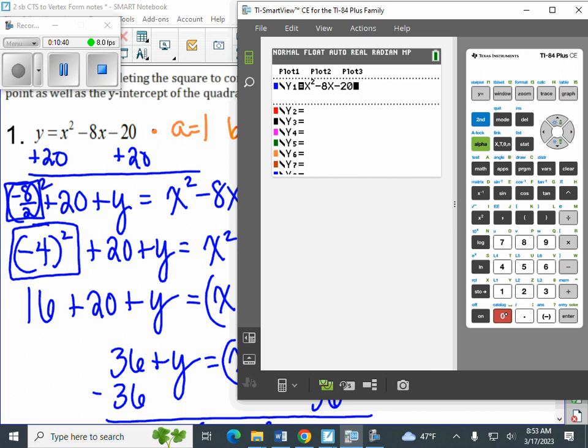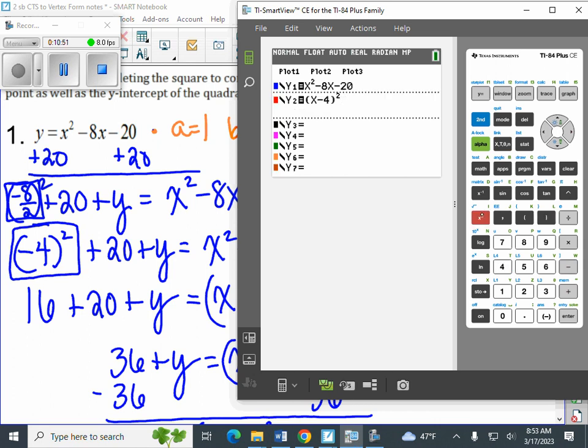And then we type in our vertex form that we just came up with, which was the x minus 4 squared minus 36.